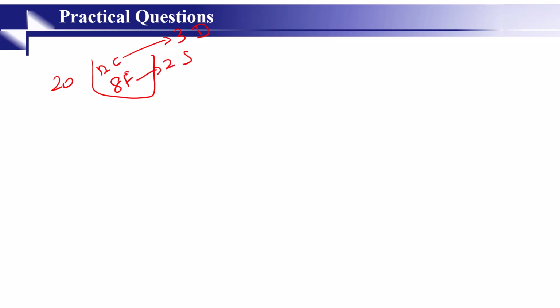If a candy is randomly picked up and known to be a chocolate, what is the probability that it is a dark chocolate? So once again, a student has 20 candies, 12 are chocolate and 8 are fruit flavored. Out of the chocolates, 3 are dark, and out of the 8 fruit flavored, 2 are sour.